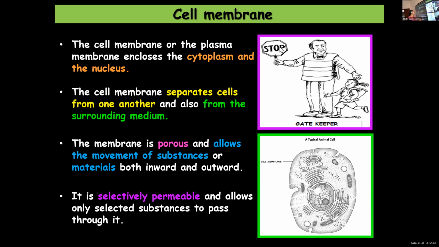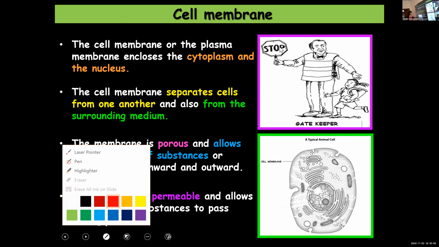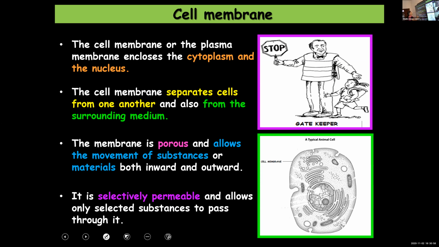I'll be repeating once again the points one by one. We'll start with the first point. The cell membrane or plasma membrane will enclose cytoplasm and nucleus. There are three components: cytoplasm, nucleus, and cell membrane. So cell membrane will be enclosing the other two components.